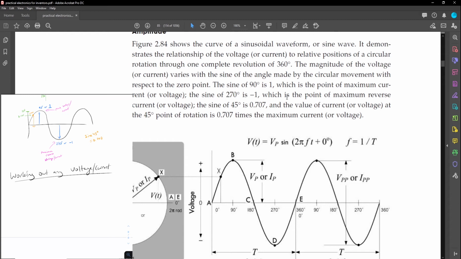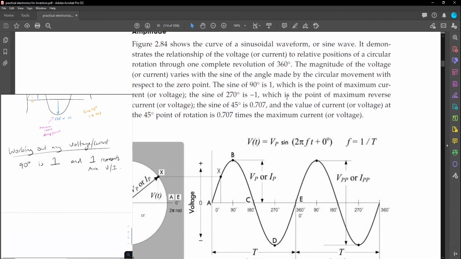Okay, so 90 degrees is 1, and 1 represents max V or I. Then 270 is -1, and -1 represents reverse max of V or I.